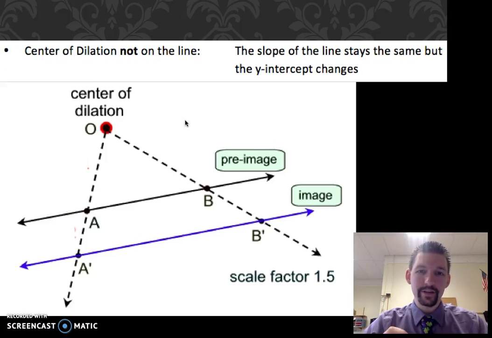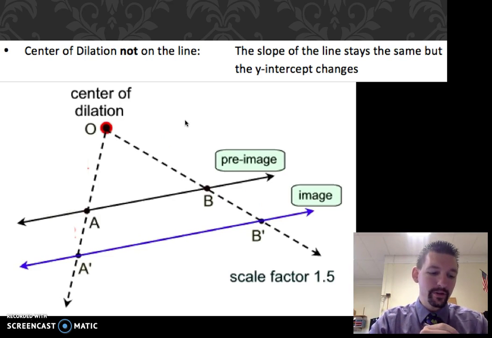Now, if the center of dilation is not on the line, it's a little more complicated. So the slope of the line is going to stay the same. You're going to have parallel lines here from the pre-image and the image, but the y-intercept is going to change. So most of these questions are going to be centered at the origin.